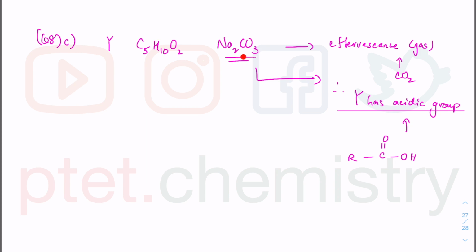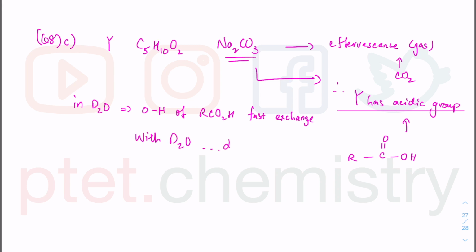With the organic compound, and then the proton NMR in D2O. So what is shown is in D2O. So we know the OH of carboxylic acid has fast exchange. This is a concept for proton NMR, fast exchange with D2O. So this disappears.